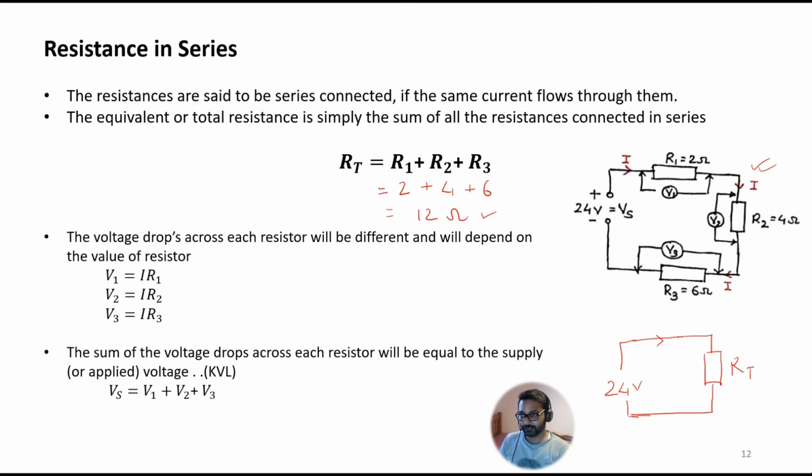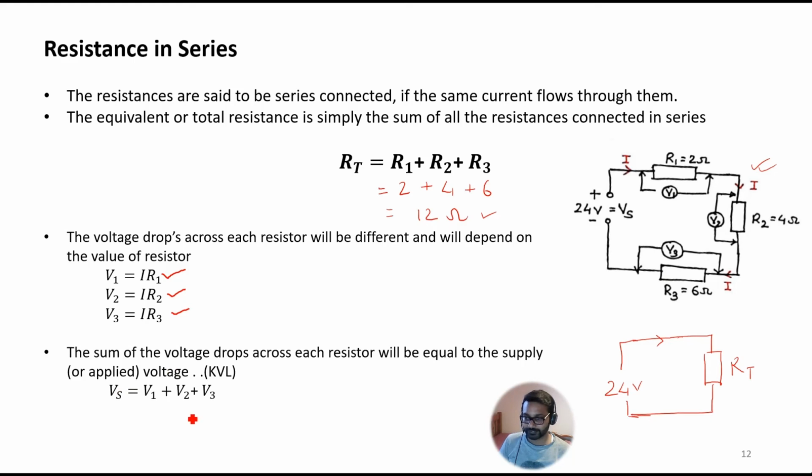Now, in a series circuit, the value of current flowing through each resistance will be the same. However, the voltage across each of these resistances, or the potential drop across each of these resistances, will be different, right? So you would have V1 across R1, V2 voltage appearing across R2, and V3 voltage appearing across R3. And you can use Ohm's law to calculate these values.